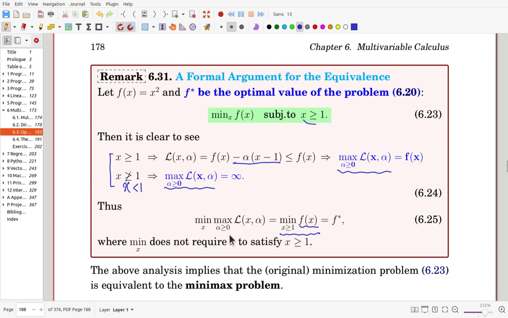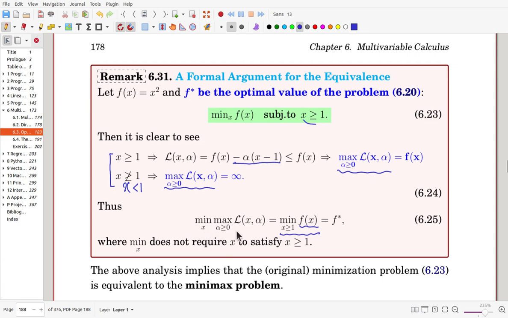And we have to notice this one. This minimization does not require x to satisfy the constraint. In fact, this minimization is over all possible values of x. Even though we do that, from these two we get this conclusion, so once we write it down this way, the constraint is only that alpha is non-negative, and there is no constraint for x.